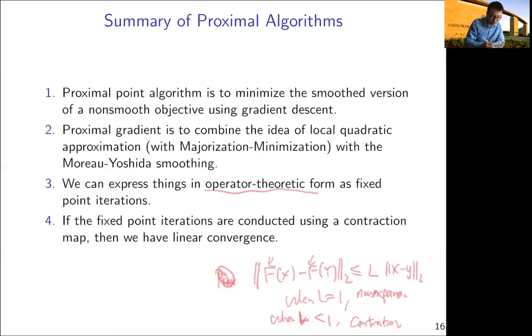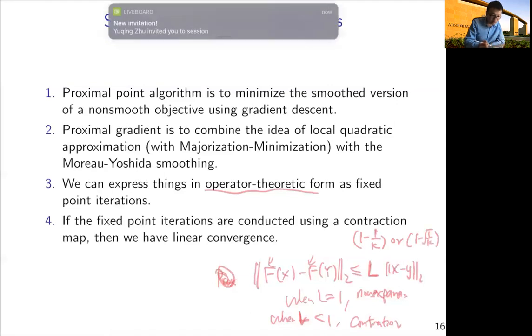And this contraction factor L naturally corresponds to something that looks like 1 minus 1 over the condition number kappa, or if accelerated, 1 minus the square root of 1 over the condition number kappa.